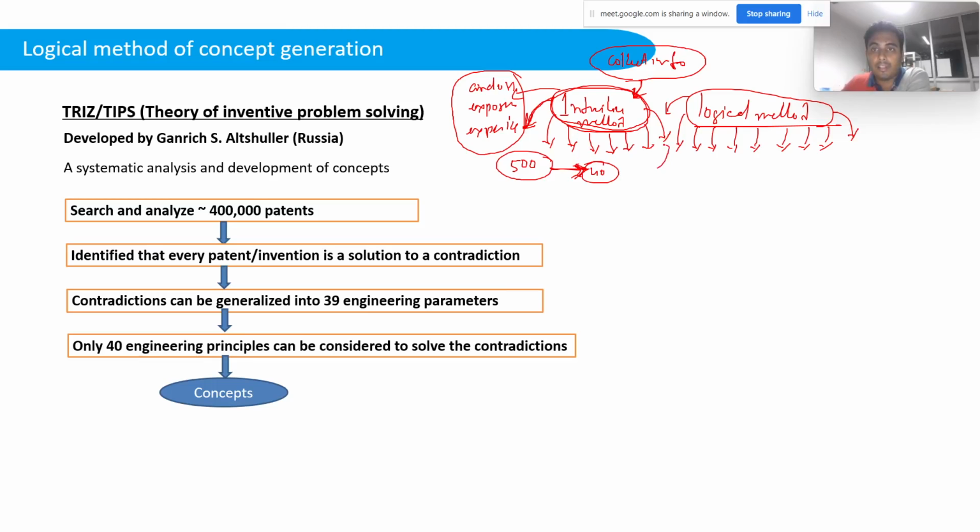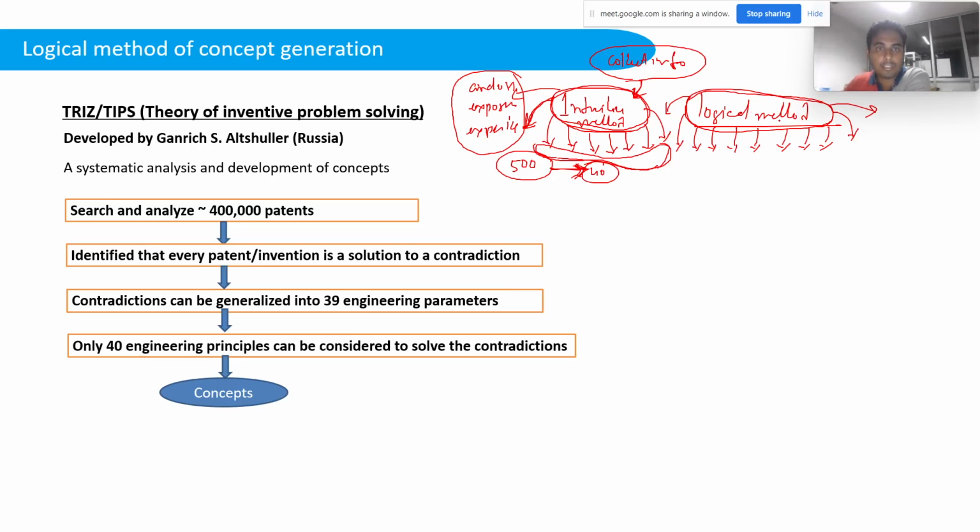However, it's not that you can avoid the intuitive method and only go for a logical method. Sometimes logical methods also cannot justify much, and even an intuitive method can give you greater results, because anyone can participate in an intuitive method, and for a logical method you have to be a bit smarter in terms of logical reasoning and analysis.